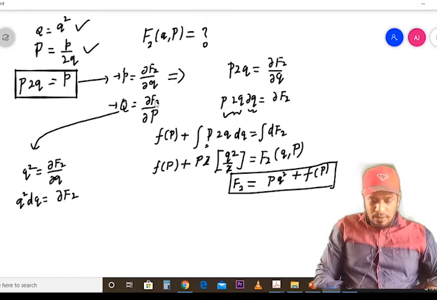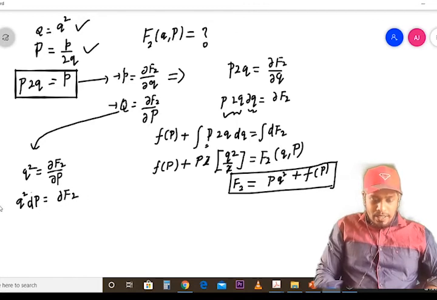It is ∂F2 by ∂P, the capital P, because if you look at the second equation, it's the capital P. So it's ∂F by ∂capital P. Here, if you multiply by ∂P on both sides, it will become dP.